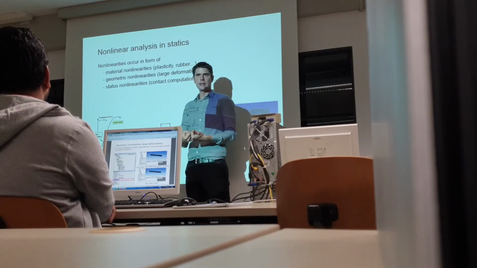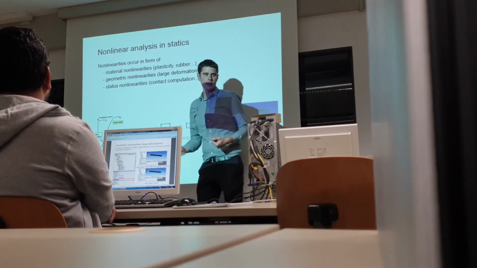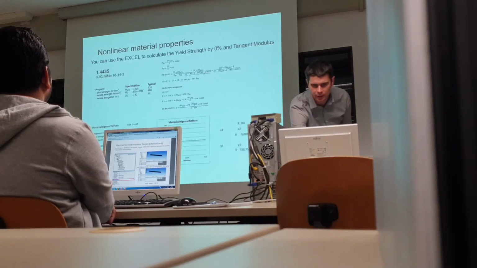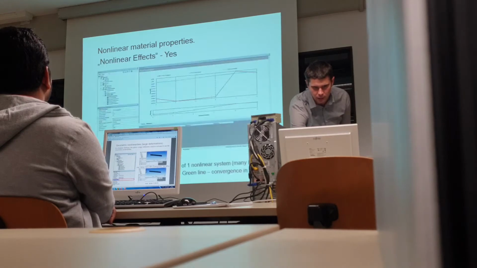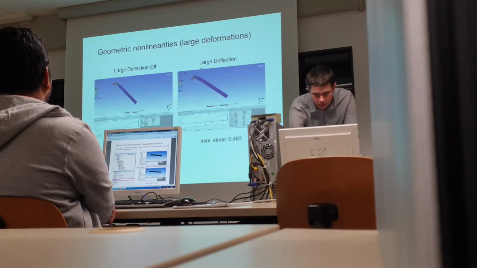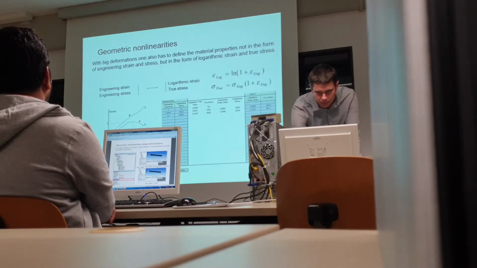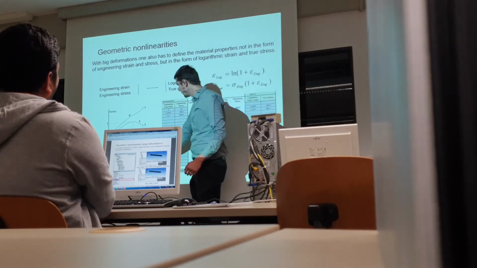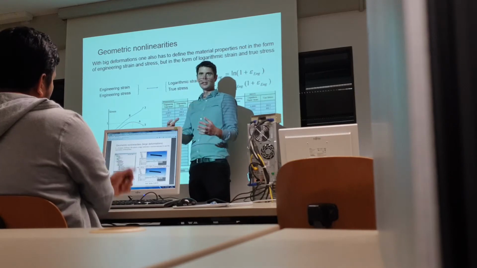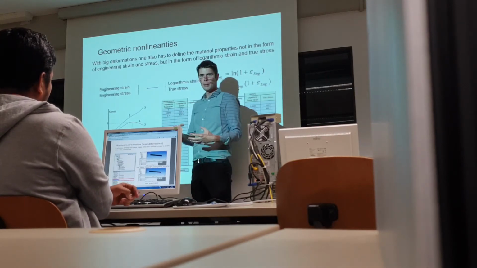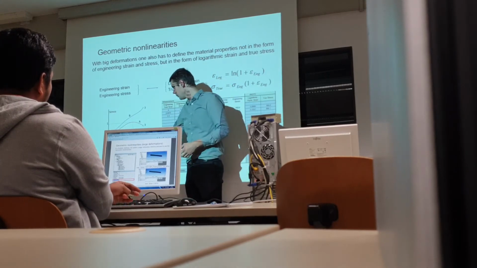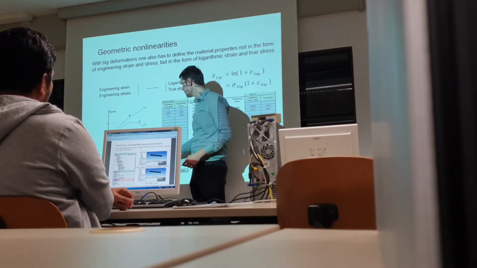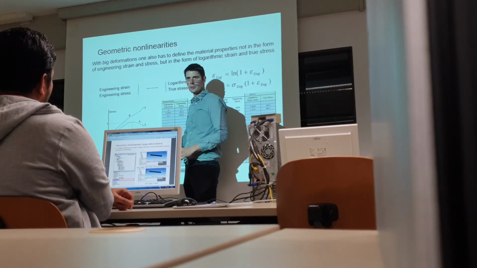I give, for example, 100 Newton force, and my stress is force divided by area. My measurement is force divided by my initial area. But at the end, my area is different. My area is always different. So it means my measurement is always wrong.